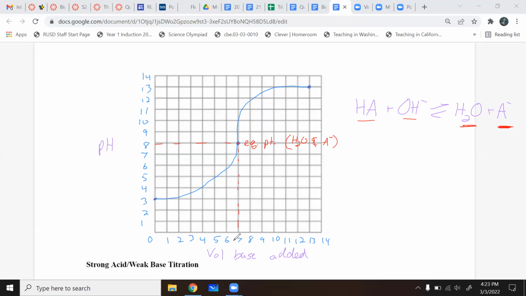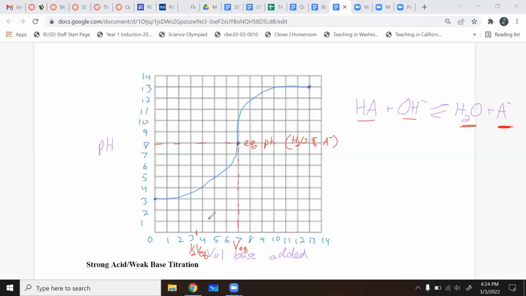Sometimes you will see that abbreviated VEQ, volume at equivalence, volume of base added at equivalence. And then if we move over to the left and take that number and cut it in half right here, this is known as our half equivalence point.